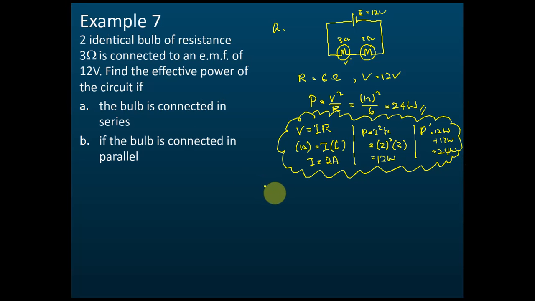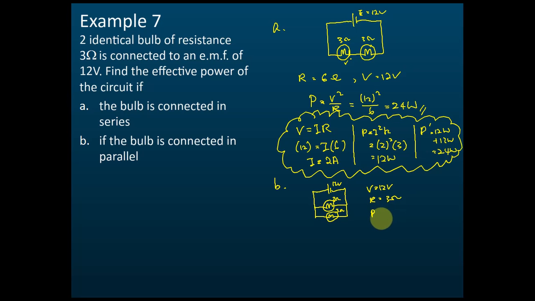Then how about B? For B, the bulbs are connected in parallel, 3 ohm each. You can find the power separately. V equals 12 volt and R equals 3 ohm, right?